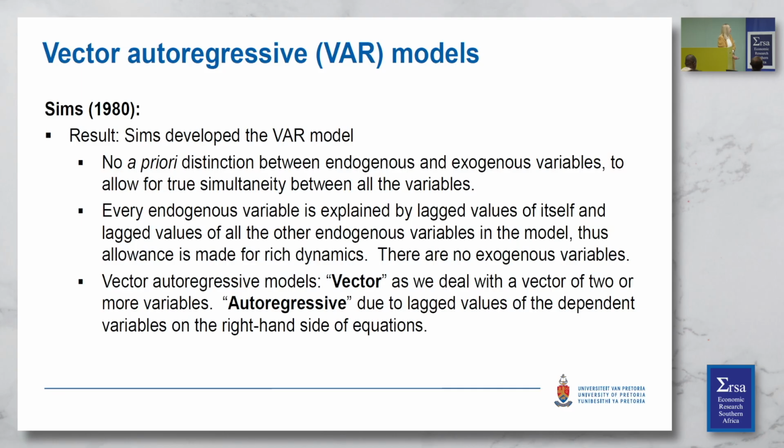So what is the VAR model about? There is no a priori, before the fact. We don't say before the fact that consumption and investment and income will be my endogenous variables. Every variable that you include is essentially also an endogenous variable.